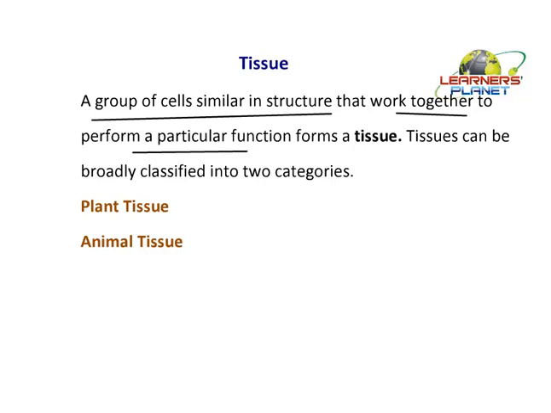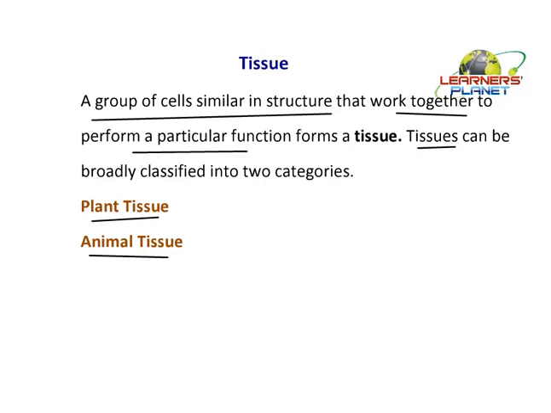As they are so much different from each other, don't you think the internal structural complexity is also going to vary between these two groups, plants and animals? That is, of course, happening here, and therefore broadly these tissues can be classified into plant tissues and animal tissues. If they are very much different from each other, then their tissue is also different.